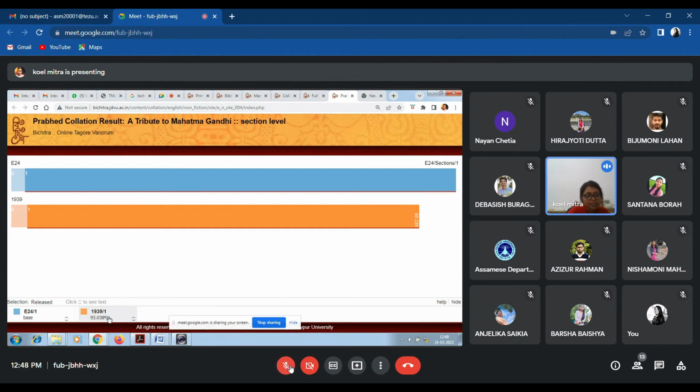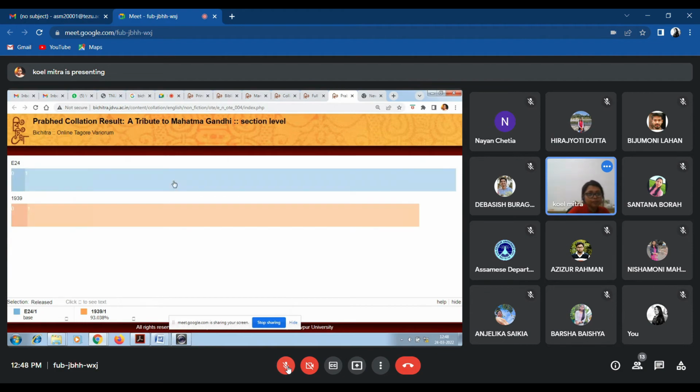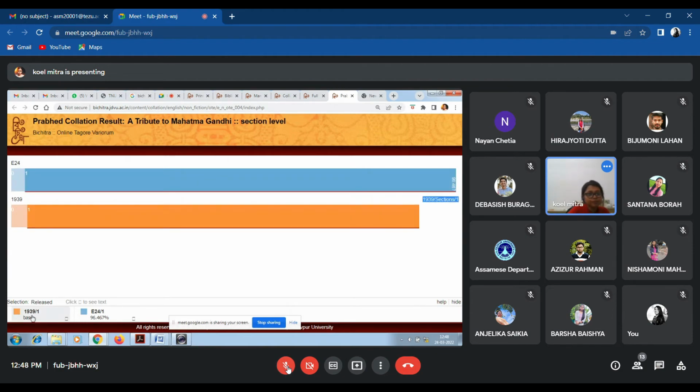Now, if you count and see, probably both will add up to 100. If you count this 93.038 from one segment and whatever's remaining, 100 minus 93.038 for orange, and 100 minus 96.467 for the blue, you'll ultimately see that the whole ratio will add up to 100.